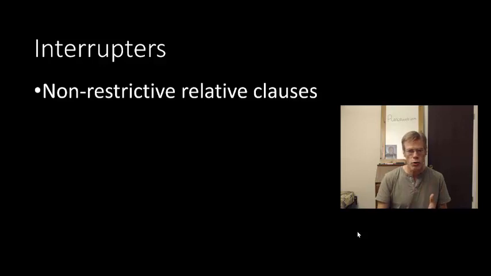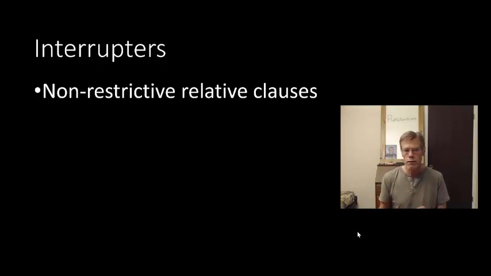The first sort of interrupter that we're going to be looking at are non-restrictive relative clauses. There are two types of relative clauses. Relative clauses are small sentences that modify nouns. In that way, they behave somewhat similarly to adjectives or even prepositional phrases, all of which can give information about the noun that's being identified in a noun phrase.